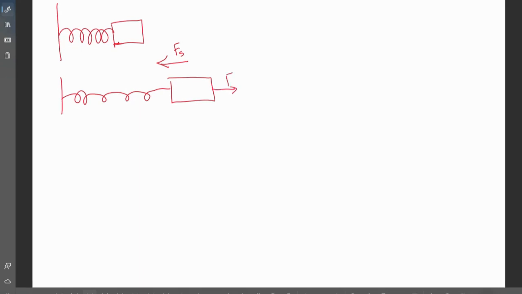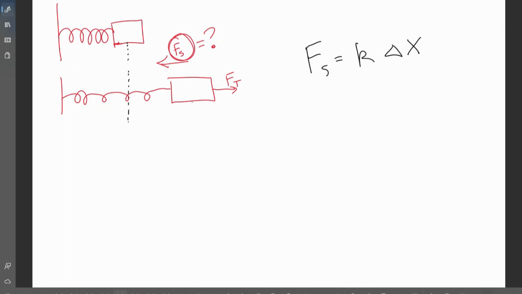Let's say we're just doing a tension force over that way. We're pulling it that way. The spring's pulling it this way. Well, our question is, how much is this spring force? So we got that equation. Force of a spring is equal to K delta X. I'll come back to this K variable in a moment.